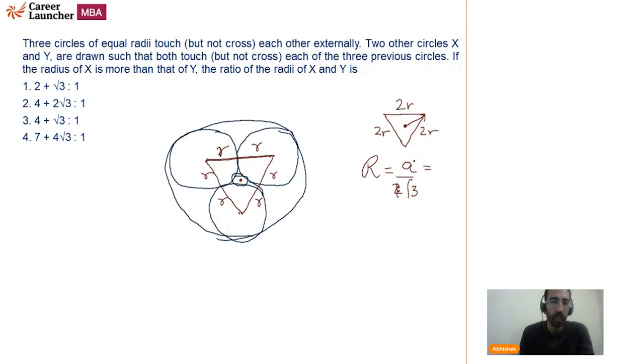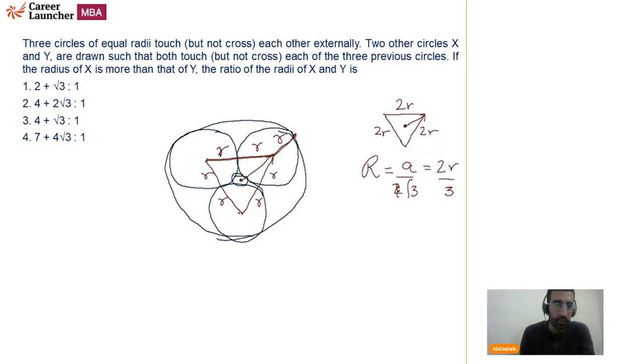So a upon root 3, a here is 2r. 2r upon root 3. Right, so this distance from here up to here is 2r by root 3. And this here, if I extend it, is another r. Right?